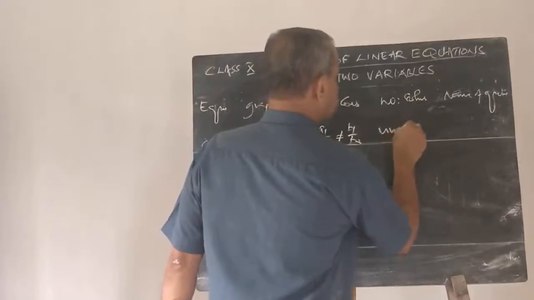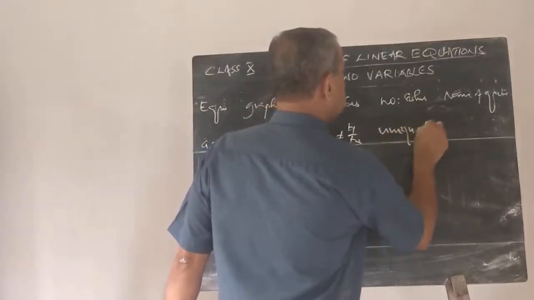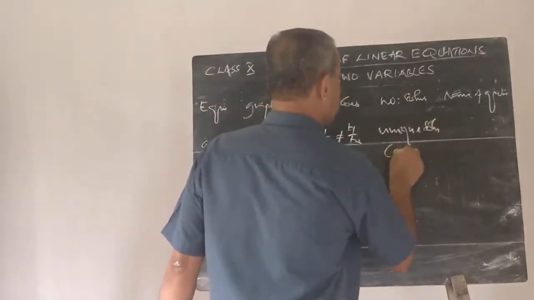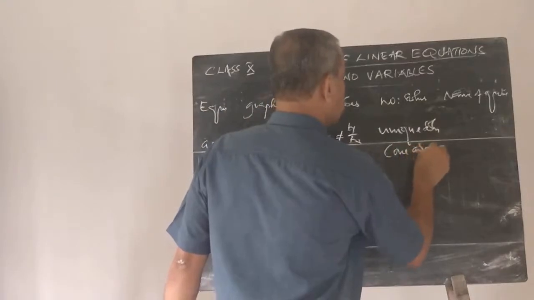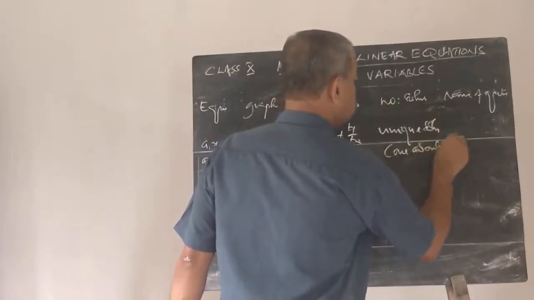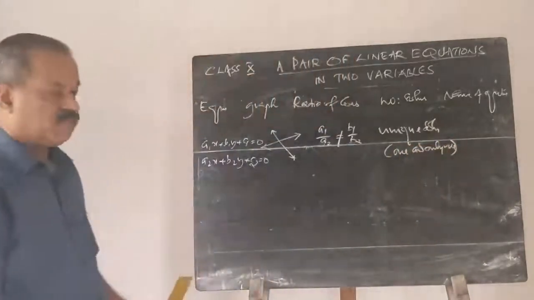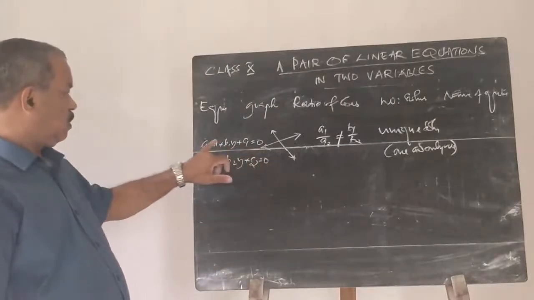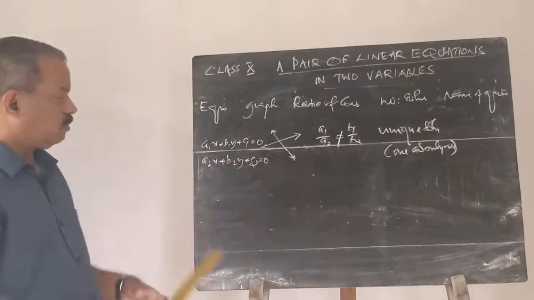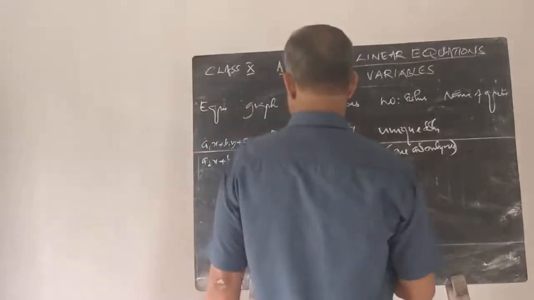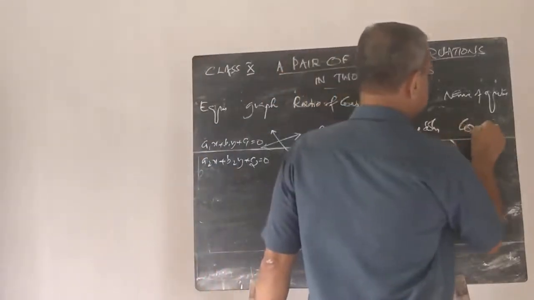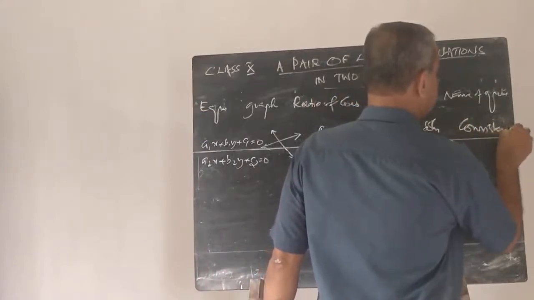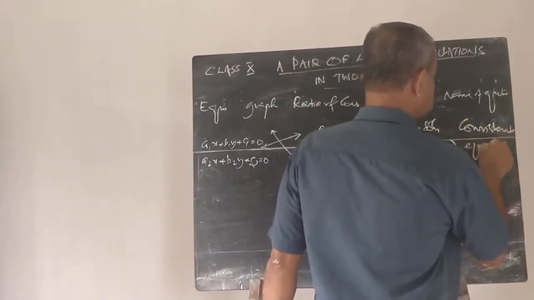Unique, one solution, or one and only one. That is a number for x and a number for y which satisfy these two equations. Name of the equations: consistent equations.